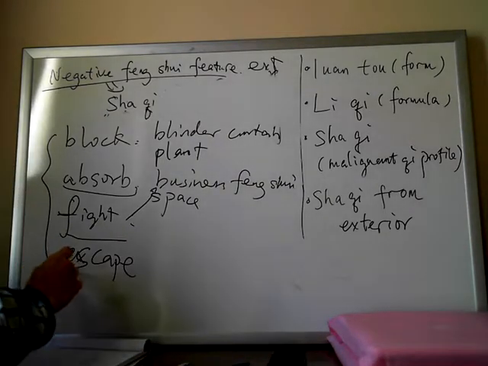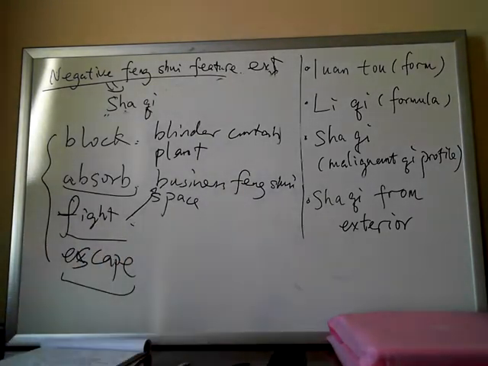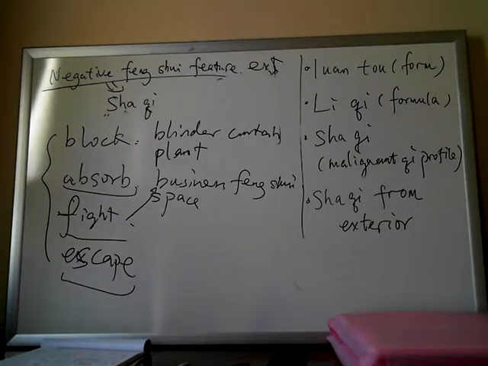And escape, which I think is the most effective way. You want to buy a house, and you see many negative feng shui features from outside, and the wu gui position, the five ghost position, is in your bedroom, and the tian yi position, the most auspicious star, is in your bathroom. Okay, I don't buy it. I just escape.